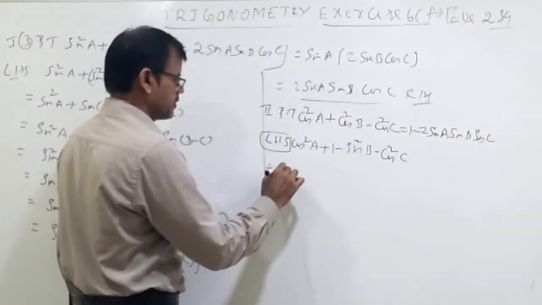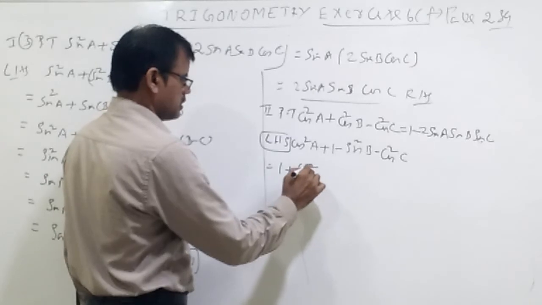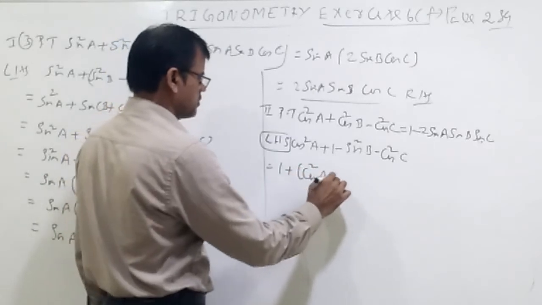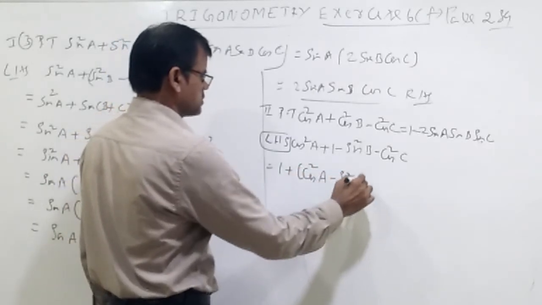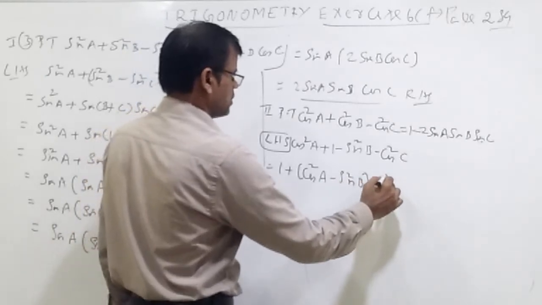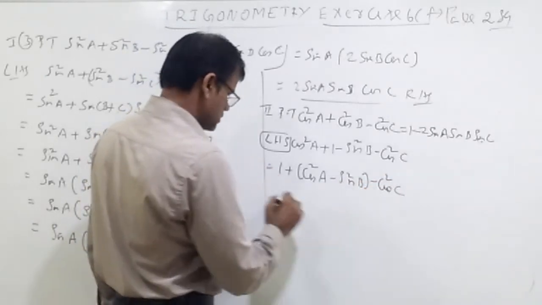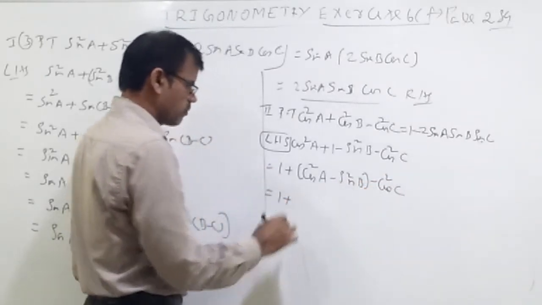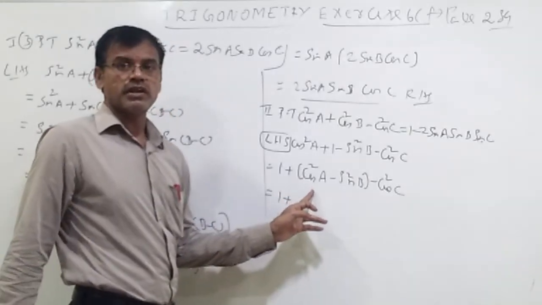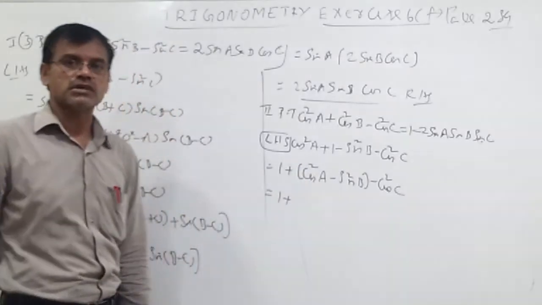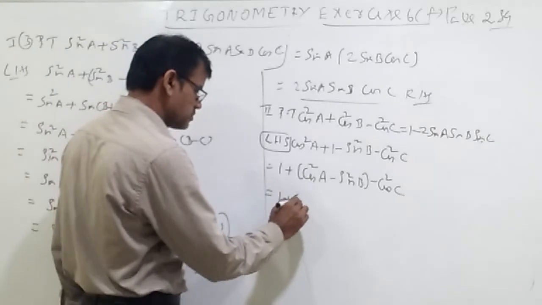First 1 you write, 1 plus, like this, within the brackets I am writing 1 plus cos square A minus sin square B minus cos square C. That is equal to 1 plus cos square A minus sin square B is the formula of cos of A plus B into cos of A minus B.